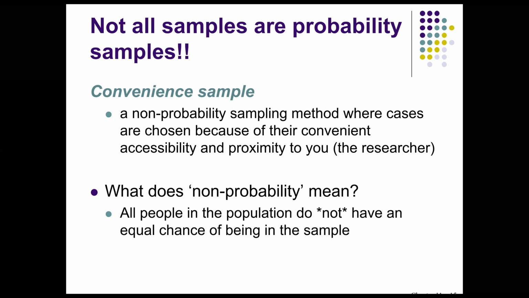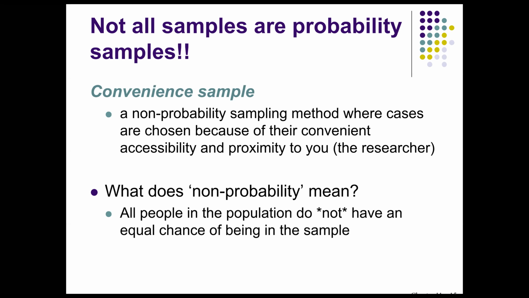So not all samples that you'll see people using in research are probability samples. It's fairly common for researchers to use what's called a convenient sample. And a convenient sample is kind of just like the name implies. It is a type of sample where the researcher chooses people to be in the sample because it was easy and convenient and accessible to the researcher.